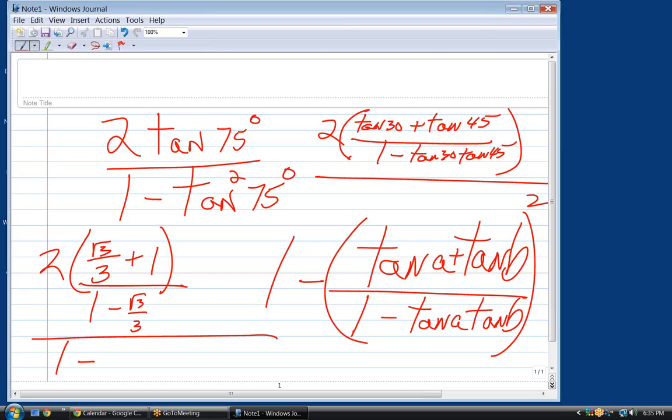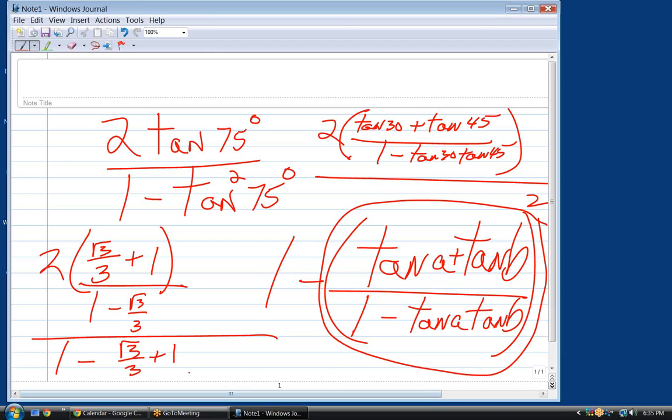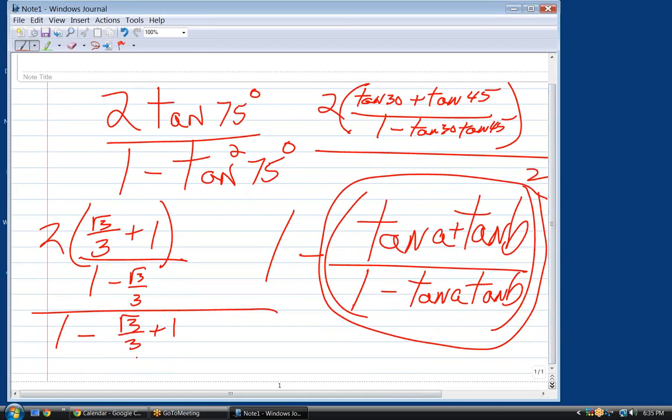So, wait. Which whole numerator squared? Oh, that one. Okay. This one right here, which is this numerator. So let's see, we have square root of 3 over 3 plus 1, all divided by 1 minus square root of 3 over 3, and this whole thing is squared.